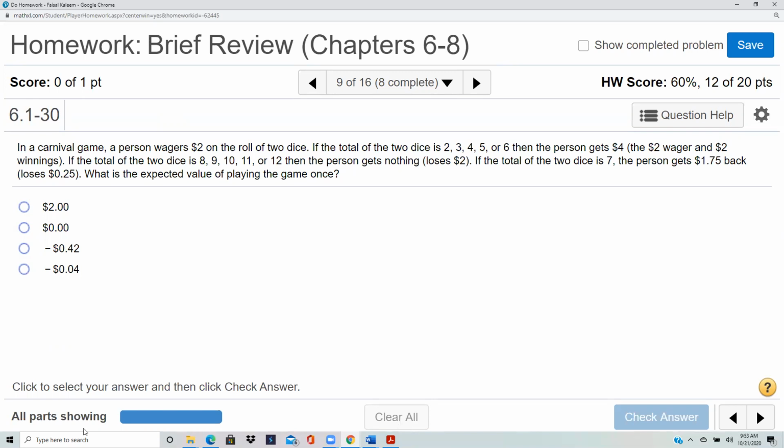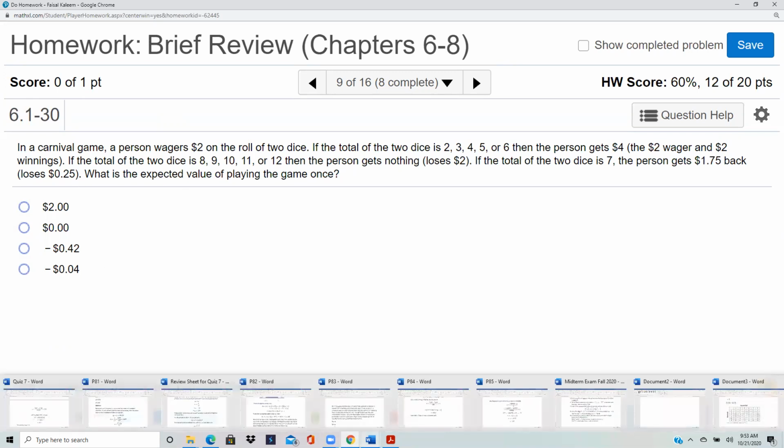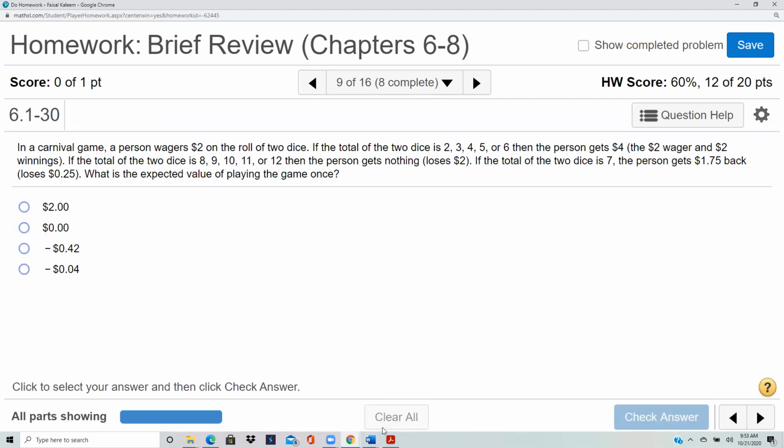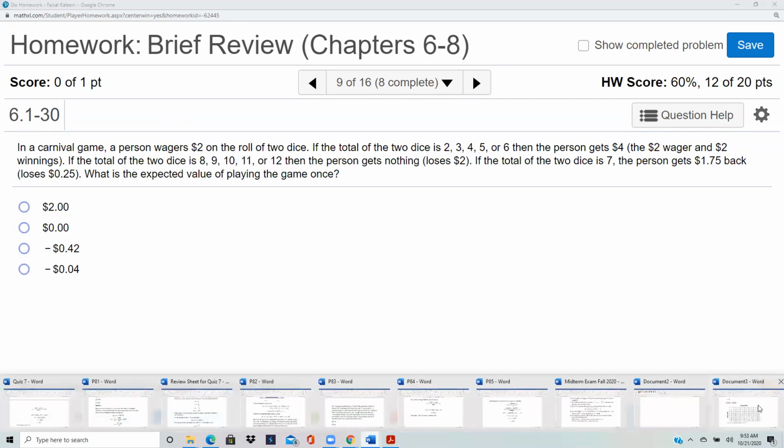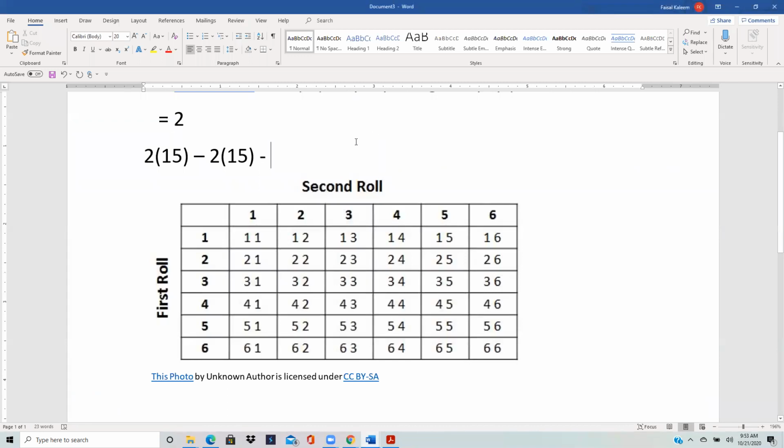So actually they're also telling you that you're losing 25 cents, right? So in case of a 7, you lose 25 cents. So what will I write here? Tell me what my third term will be.